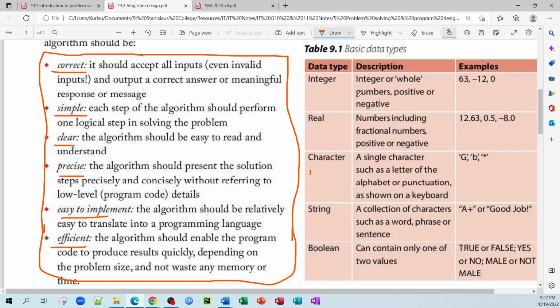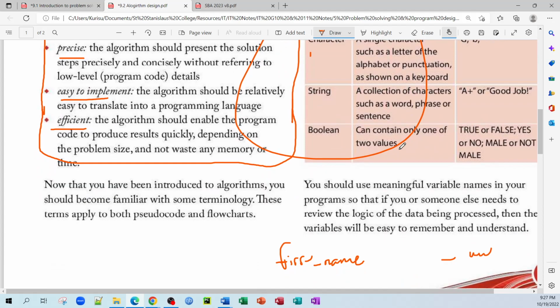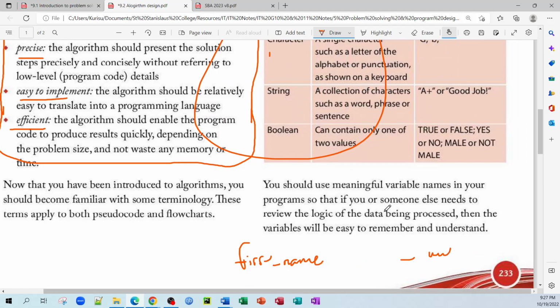We learned about our various data types. So you got to remember which one to use, which one to not use, which ones you can combine together, and so on. We learned how to create variable names. I mentioned this in the last class, but I'm going to repeat it again.